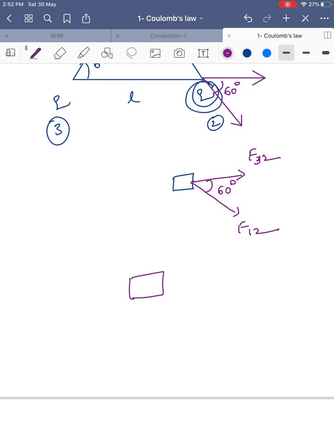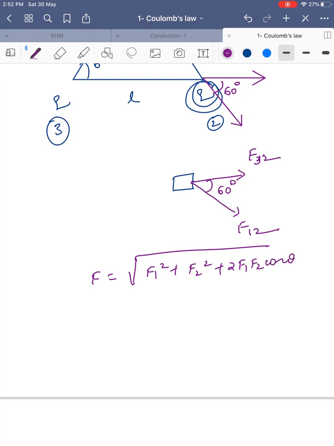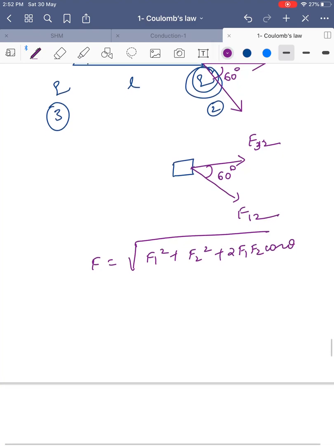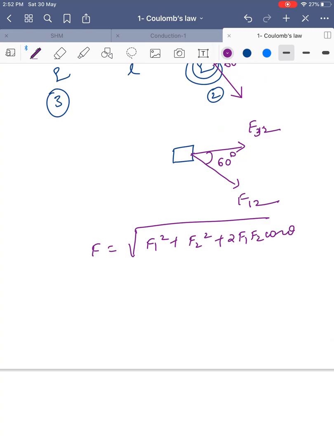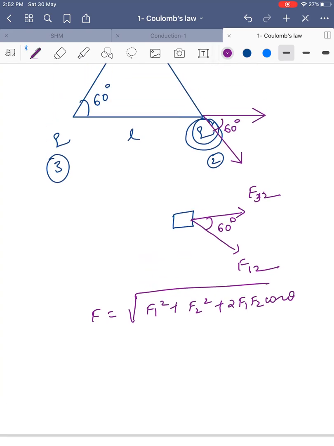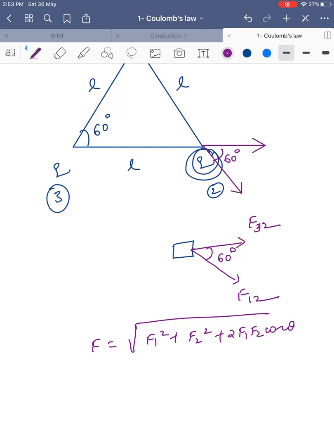The resultant force, they are making an angle theta. F is equal to the square root of F1 square plus F2 square plus 2 F1 F2 cos theta. Now what is the value of F1, the force magnitude?